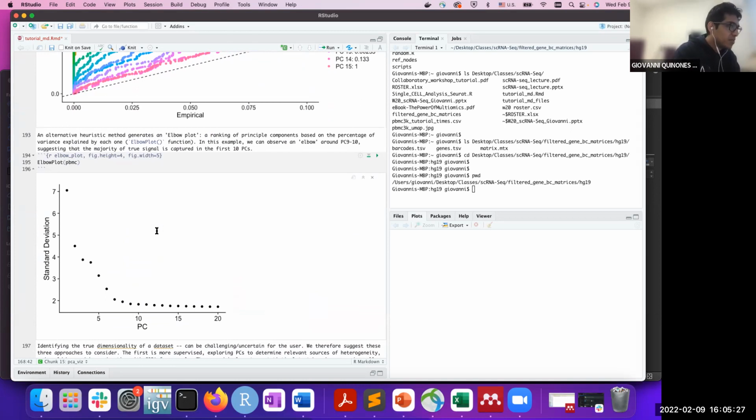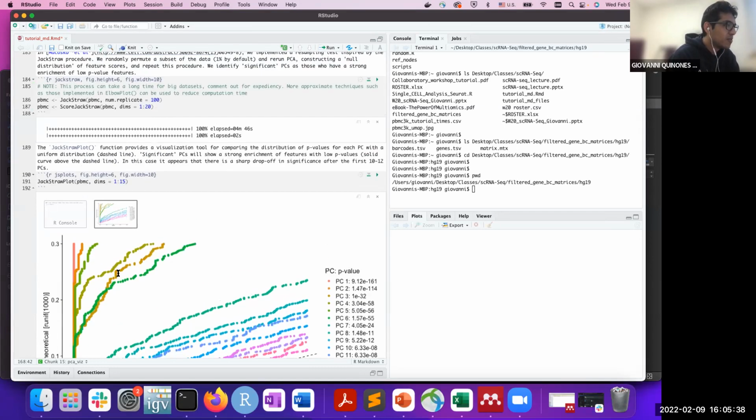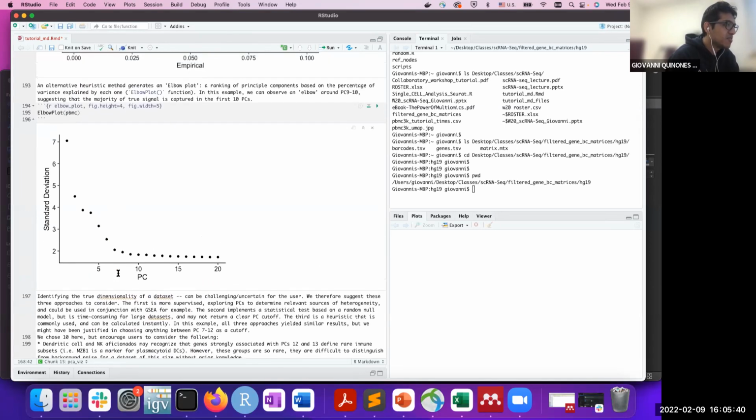And this elbow plot is more literal in the sense that we're really looking for an elbow in the distribution. An elbow that has the same definition as before, meaning the point where the cutoff, the threshold at which the points before look very different from the points after.